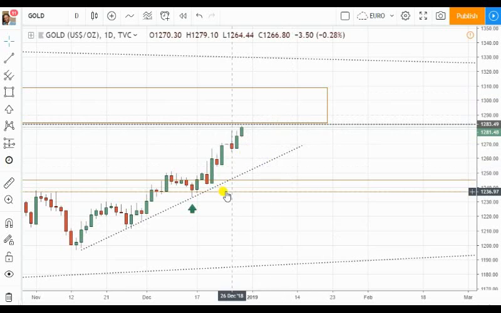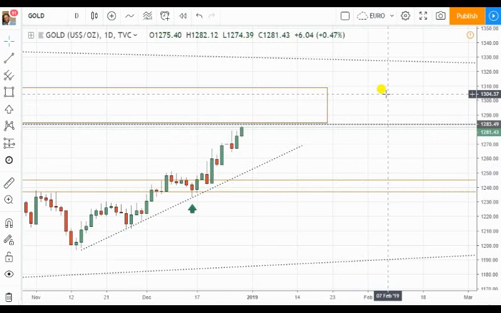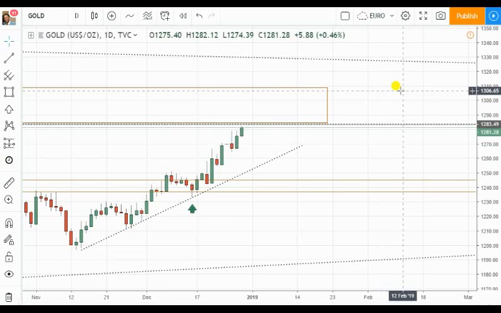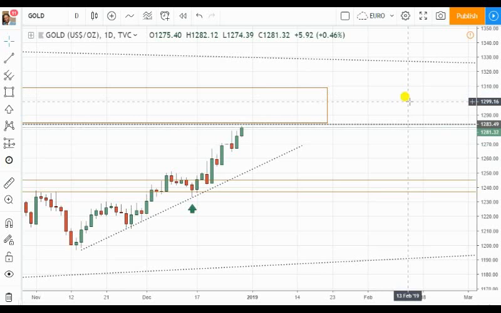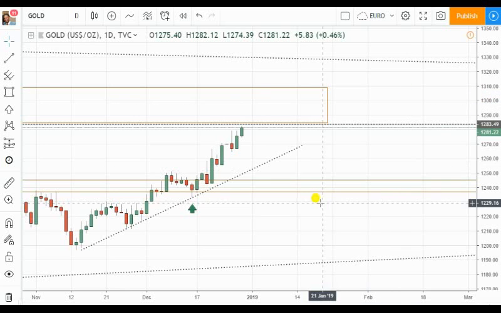So currently we're going to be looking at price action and seeing what the tape is actually saying. So this is all tape reading and analyzing price action. This is what gold is currently looking like, and we're going to see that there are going to be some sells that are going to be generated by this entire movement.